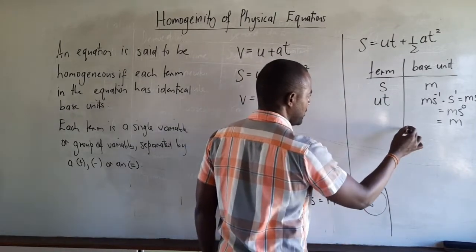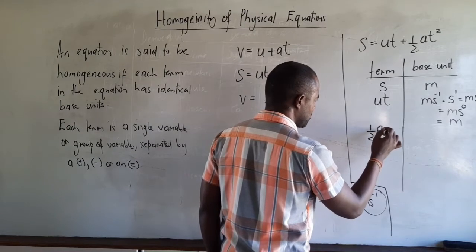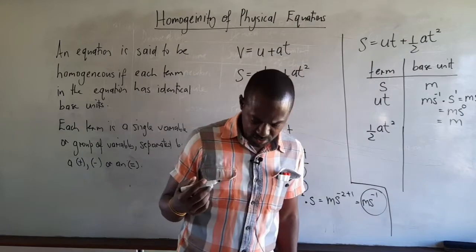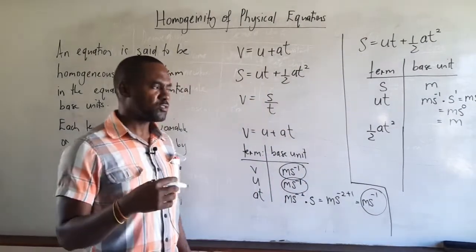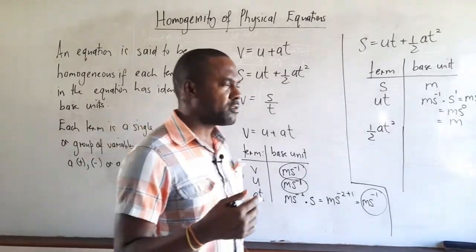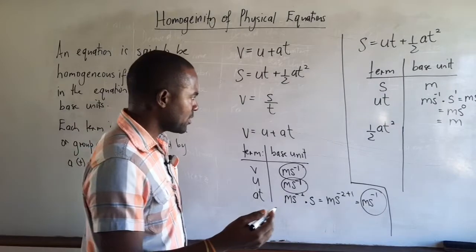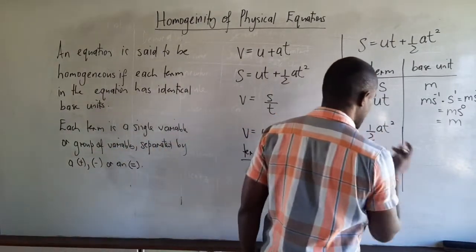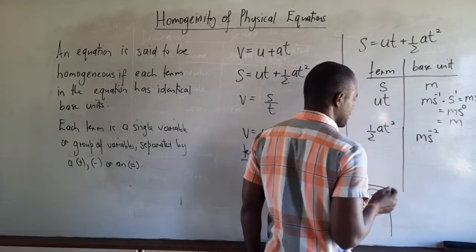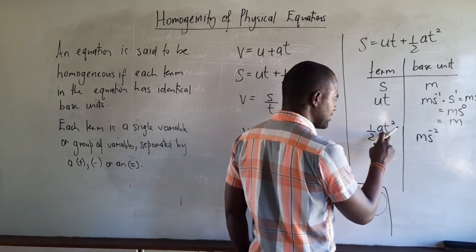Lastly, we examine the third term, a half at squared. Now, half is just a number. It has no units whatsoever. It is just a multiplying constant, and therefore it will not affect the base unit of this term, right? So the unit of a, acceleration, is the meter per second squared. Now t represents time, unit of which is the second.